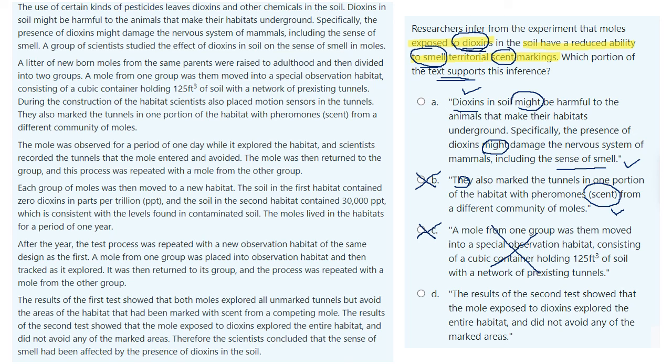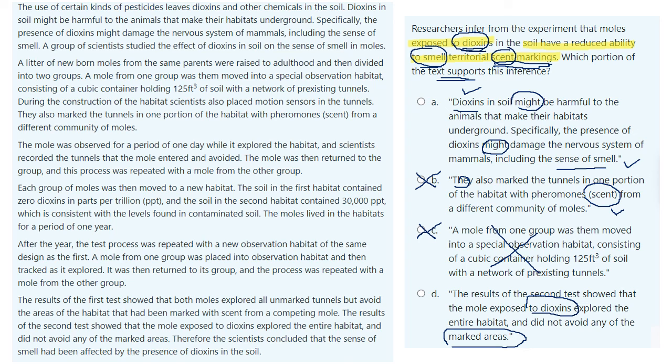D, the results of the second test showed that the mole exposed to dioxins explored the entire habitat and did not avoid any of the marked areas. Well, the marked areas were scent markings, smell markings.